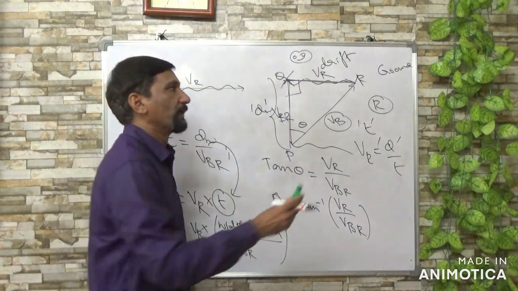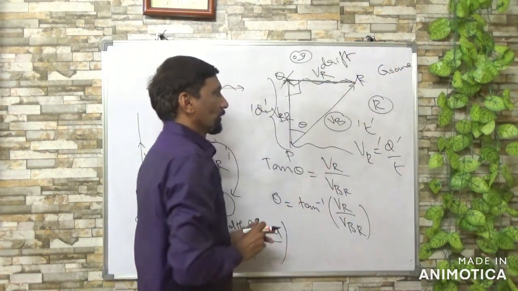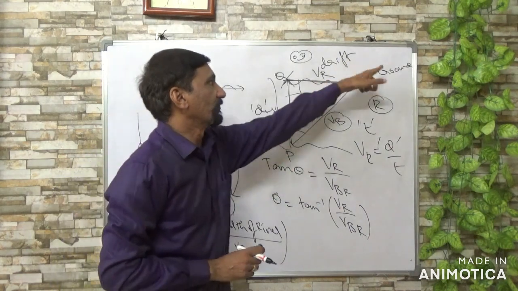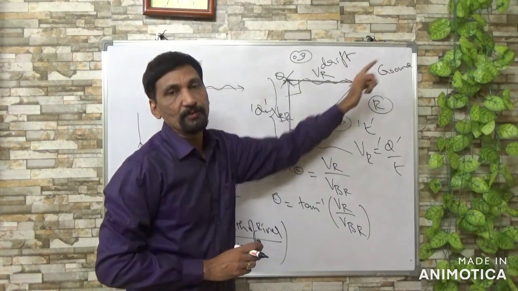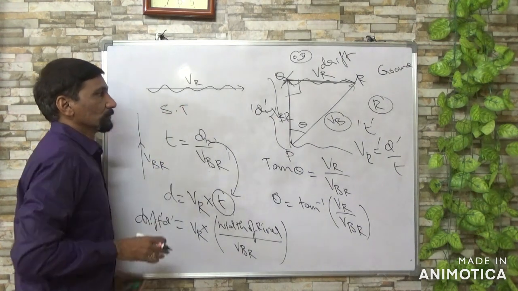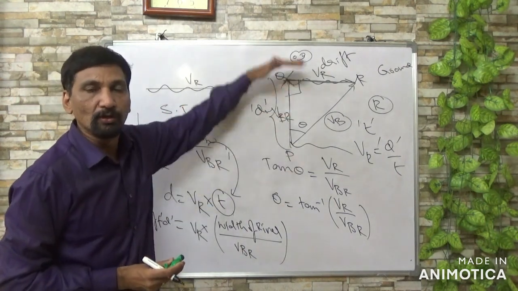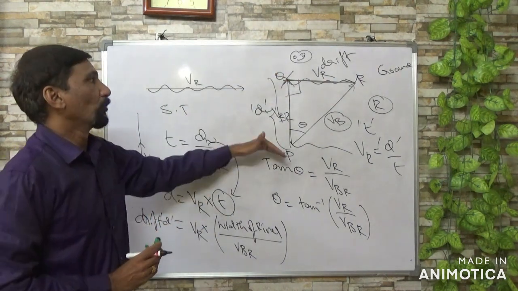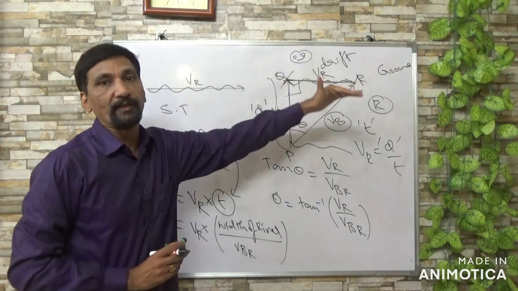This can be observed by one who is standing on the ground, so this is called the velocity of the boatman with reference to ground. It is also called short time, because he is moving perpendicular to the river flow, and the boatman reaches the opposite end quickly.